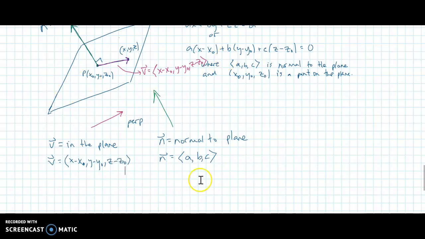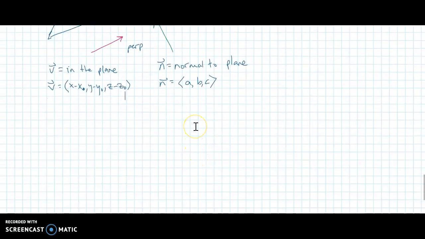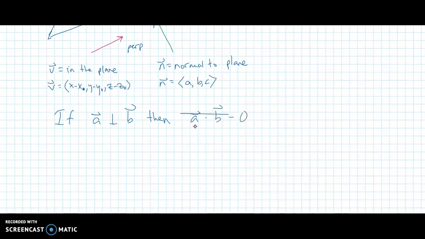And now here is where we're going to use something from dot product. If A is perpendicular to B, and this is a two-way statement actually, then A dotted with B is equal to 0. That's true 100% of the time.